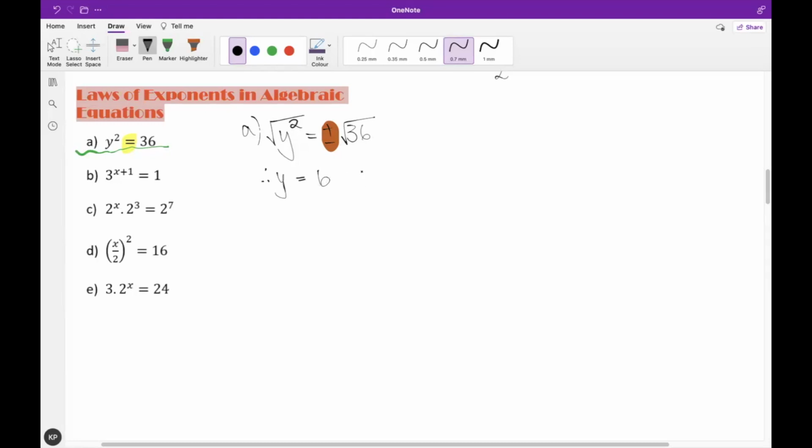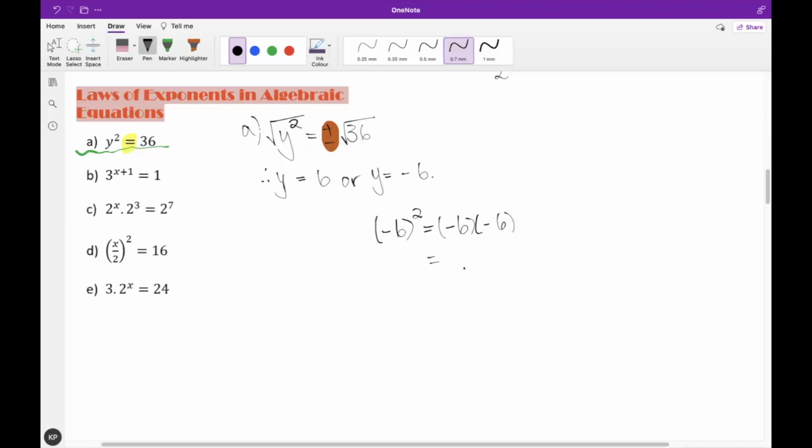So then my final solution is y equals 6 or y equals -6. Do you guys understand that? That's because if you say -6 all inside a bracket squared, what is my answer going to be? This gives me -6 times -6. And what is a negative times a negative?